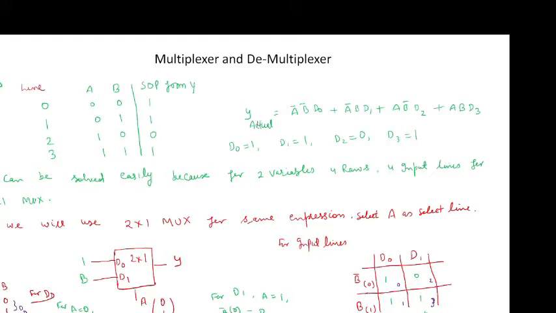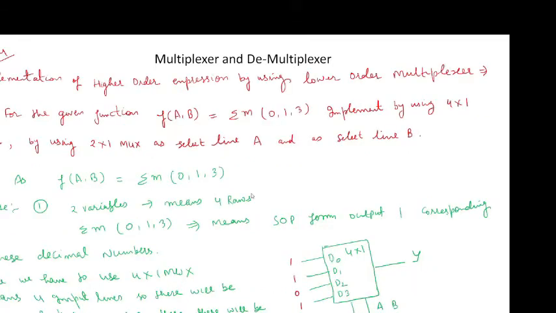Now you see your actual output will be of the form A'B'D0 + A'B D1 + A B' D2 + AB D3. Now we can easily select D0 as 1, D1 as 1, D2 as 0 and D3 as 1. So see here, your input lines will be 1, 1, 0, 1.